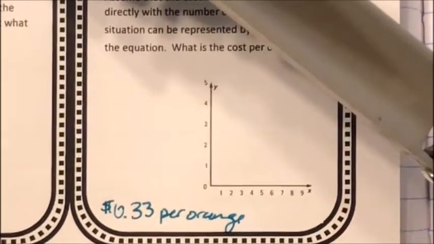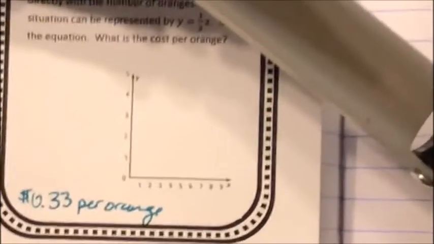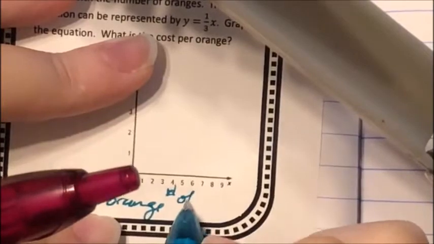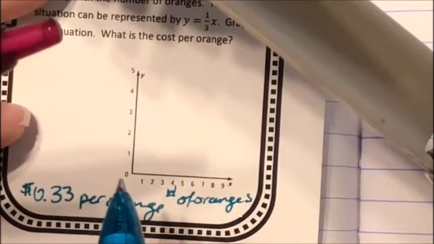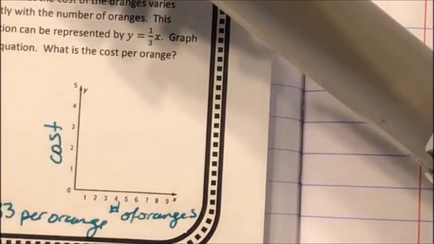The x represents the number of oranges and the y represents the cost. So now I'm going to graph this.